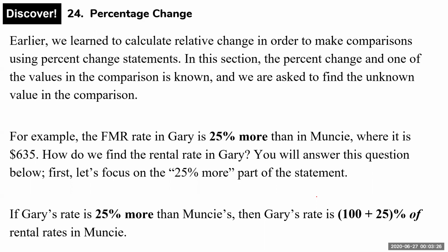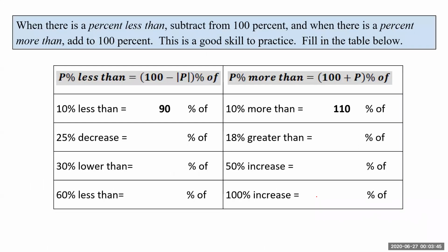How do we find the rental rate in Gary? You will answer this question below. First, let's focus on the 25% more part. Now, if Gary's rate is 25% more than Muncie, then Gary's rate is what? 125% of the rental rates in Muncie.